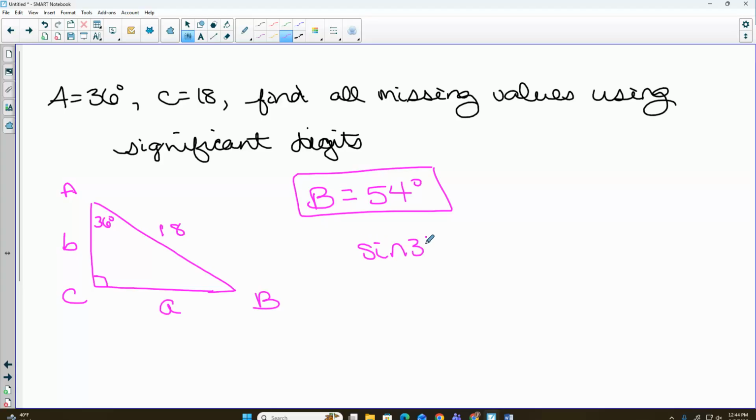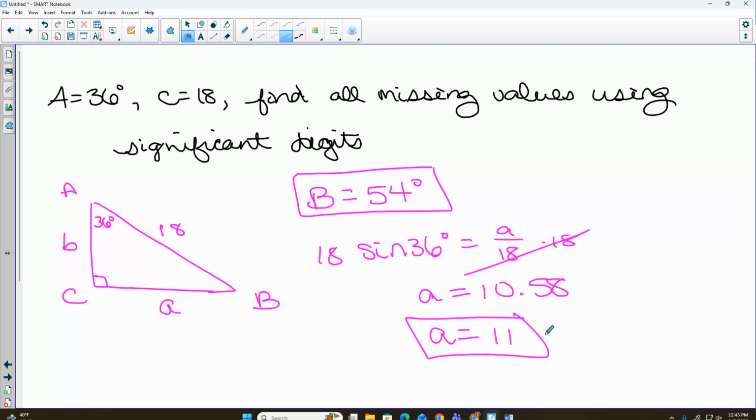Sine of 36 degrees equals A over 18. Multiply by 18. How many significant digits? 2. So we get 10.58, so we would round it to 11. And you would get B the same way. Do I need to show that, or can you figure that out?